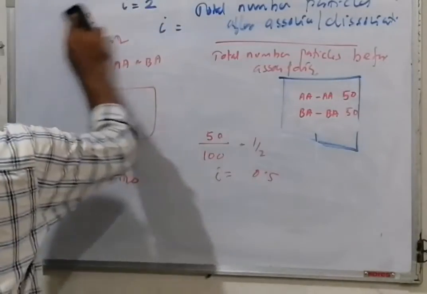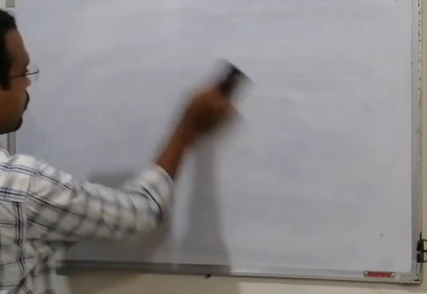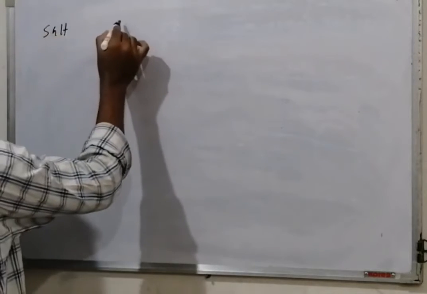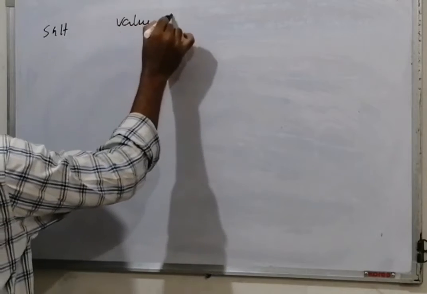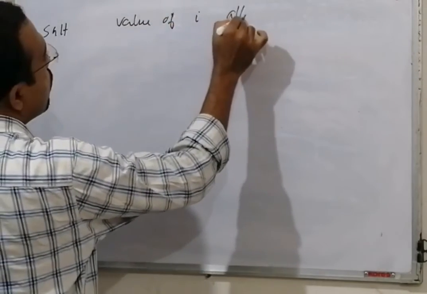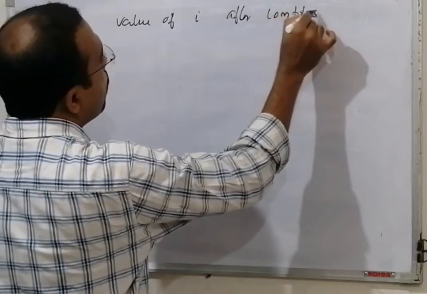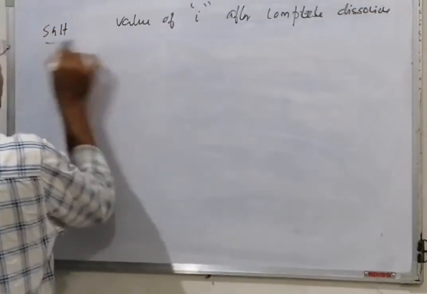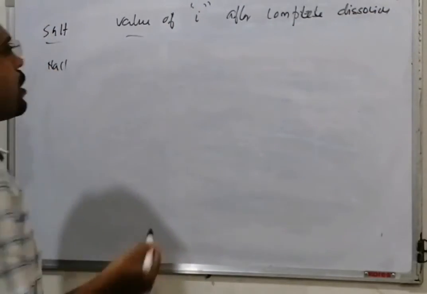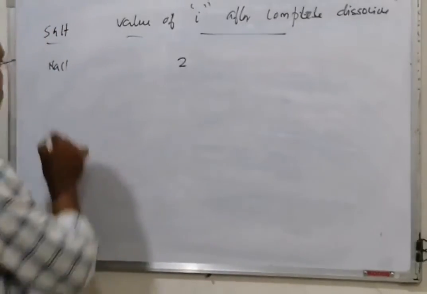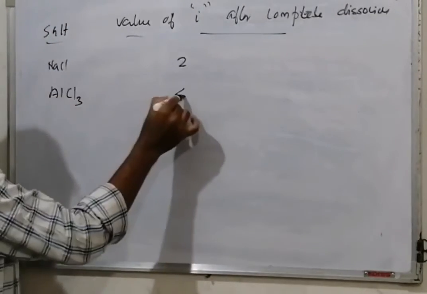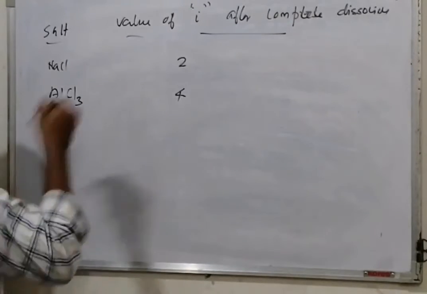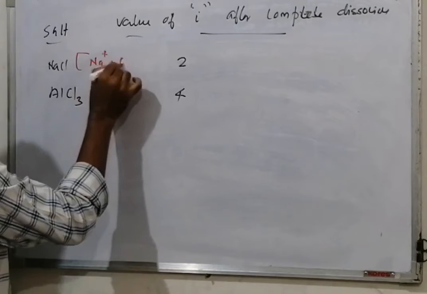Now, for salt it is very simple. We can calculate the value of i after complete dissociation. Sodium chloride, if it completely dissociated, 2. AlCl3, 4. You got the idea because sodium chloride dissociated as Na plus and Cl minus.